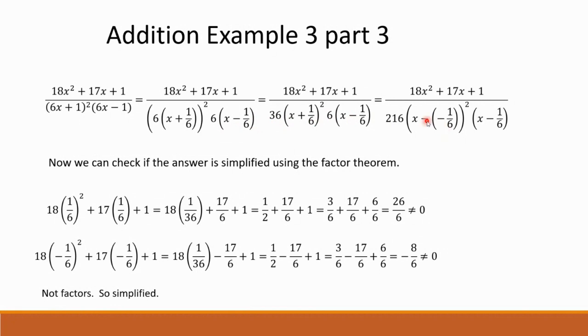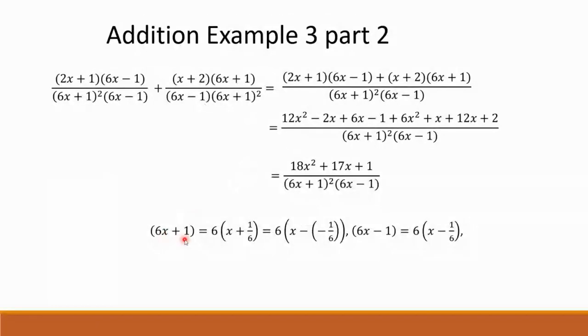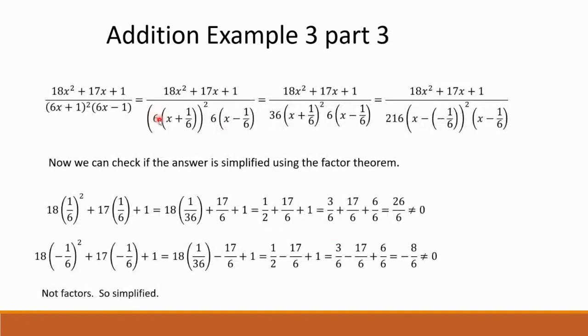So the minus I did over here, I probably should have done it over here, but that's okay. I hope it makes sense how we got this to 216. I don't want to go too fast. Again, I'll just say it again just to be on the safe side. We have 6x plus 1 squared, that's equal to 6 times x minus negative 1 over 6.